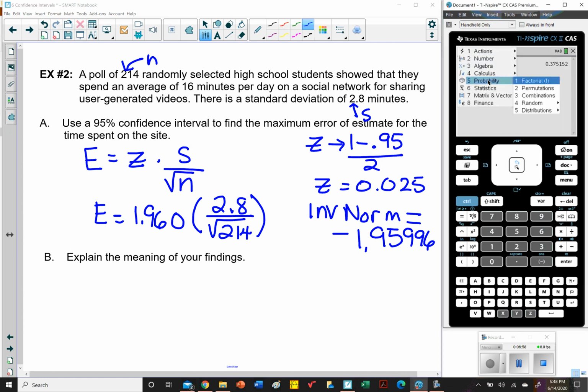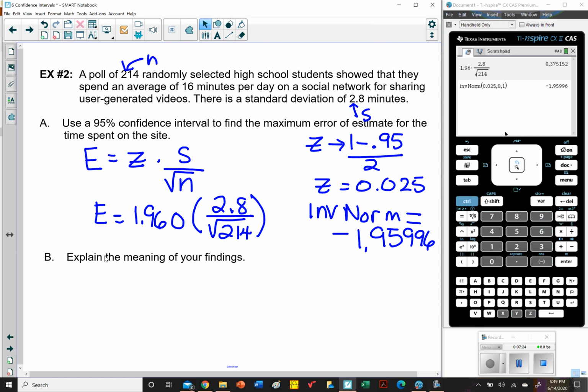Menu, statistics, distributions, inverse normal, 0.025, and 1.95996 is our z value. So I just rounded up there. And the error was about 0.375. So we need to explain what that means to our findings.